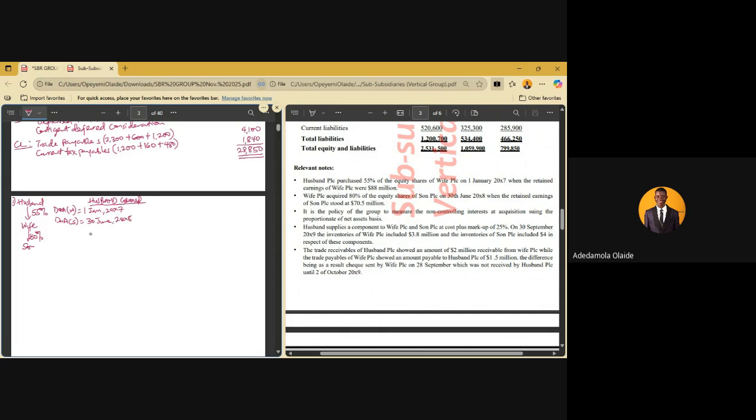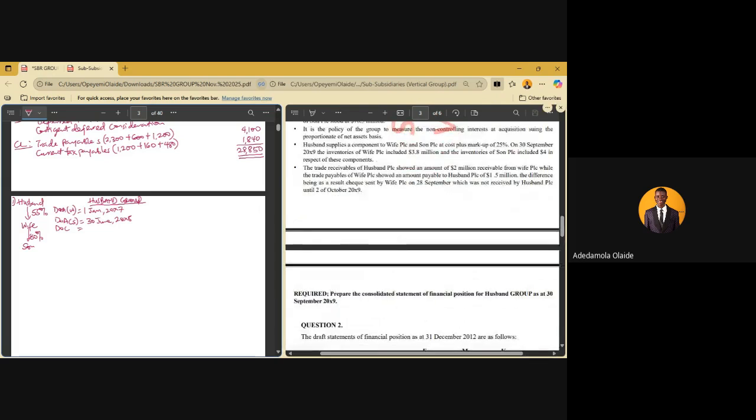Then the date of consolidation is 30 September 20x9. So our post-acquisition period is more than 1 year, so we are good to go.